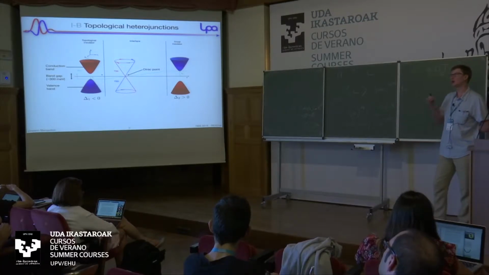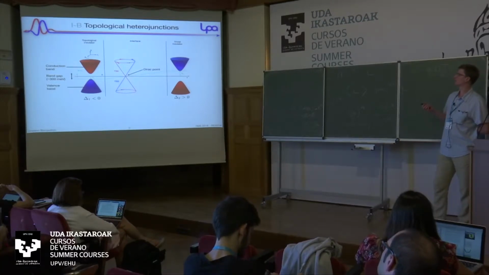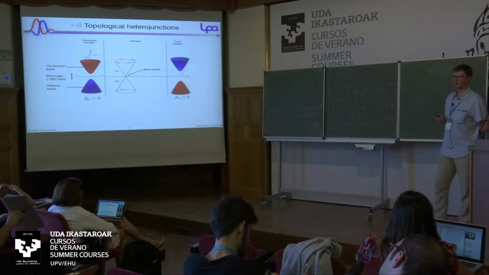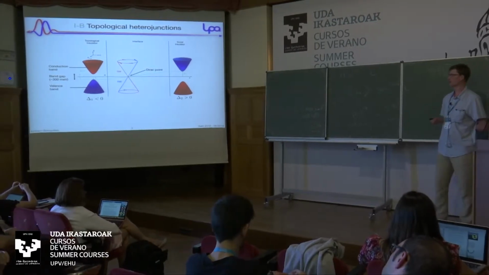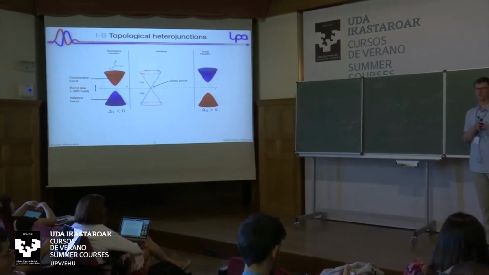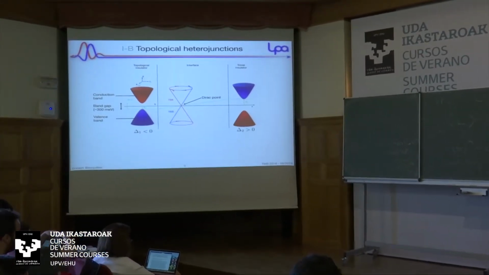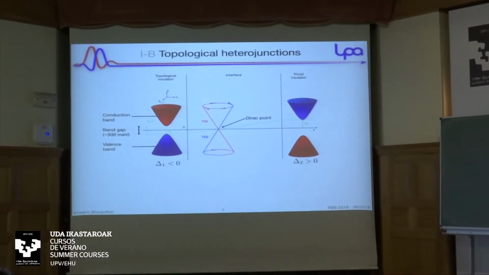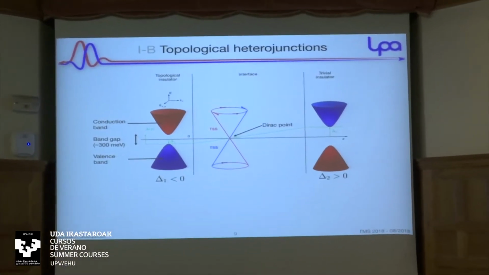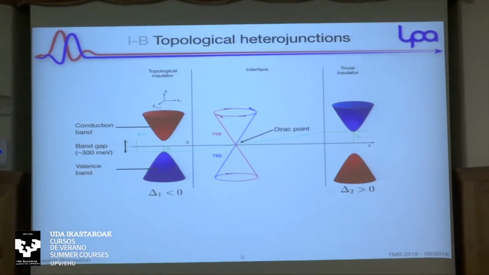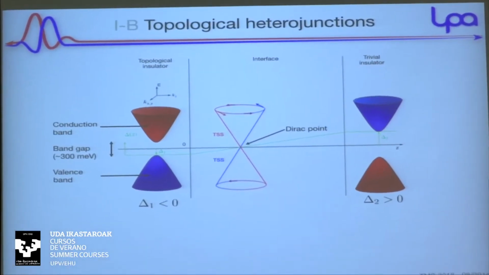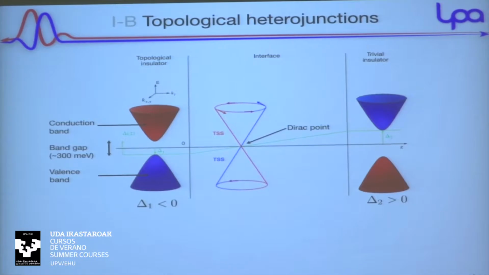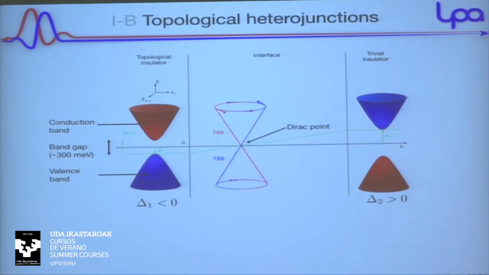It adds some more richness to the topic of topological heterojunctions, and I will try to show you in which sense. Just to say that because of this non-compatibility with the Poisson equations, I don't know myself how much of this is compatible with, for example, what Joel will show in the next lecture. This is still open for discussion, and I'm happy to discuss this.